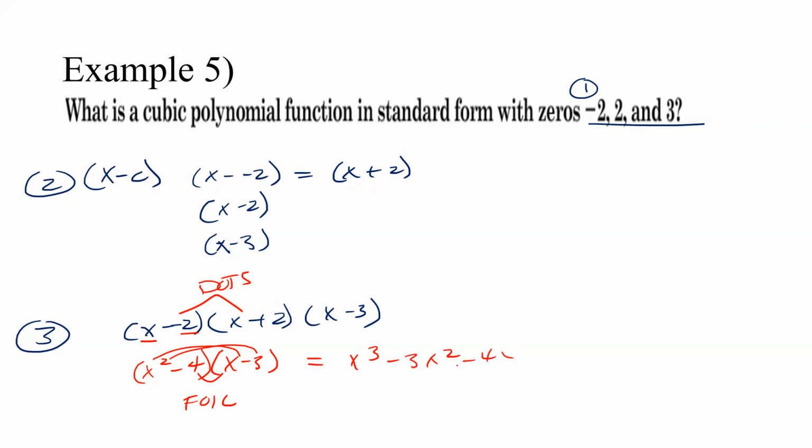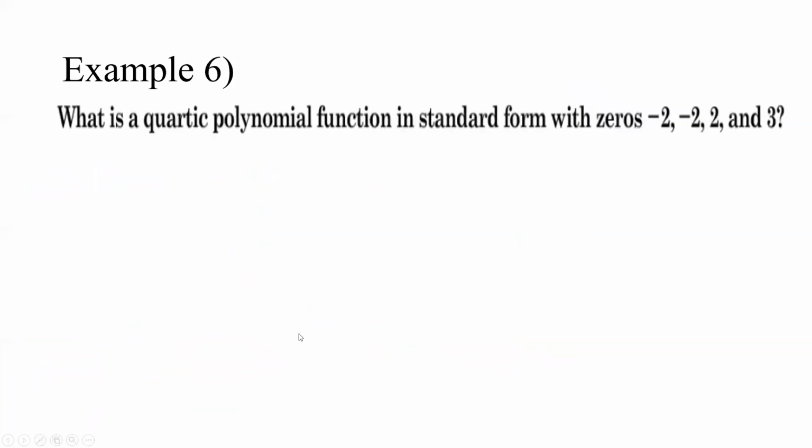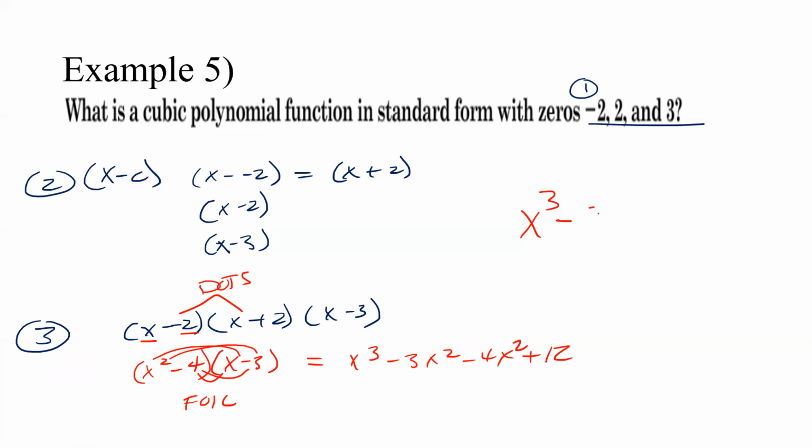Then -4x, and a negative times a negative is a positive, so we get plus 12. So our polynomial is, drum roll, x cubed minus 3x squared minus 4x plus 12. Yay!